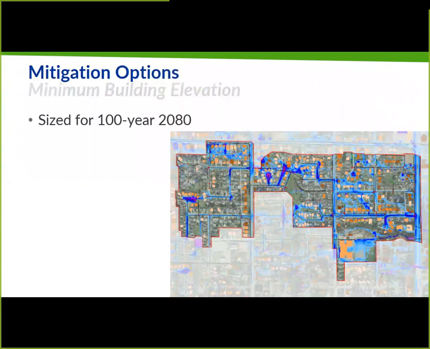In terms of implementation, we looked at what would be required for the 100-year 2080 event. So this is looking at a much larger event than just a 5-year storm. And the results of that, we came up with a benefit cost ratio of 15 to 80. And that's really based on a slow redevelopment process. It's not going in tomorrow and asking what would it cost to fix all these houses.